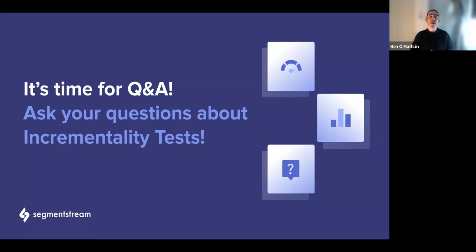That would be a conversation to always have internally as well, and also with SegmentStream as a consultant and customer success organization, to be able to understand what other elements are happening that could have an effect on the incrementality or the output of the campaign.